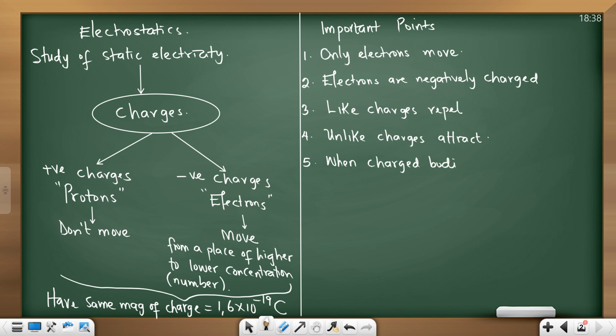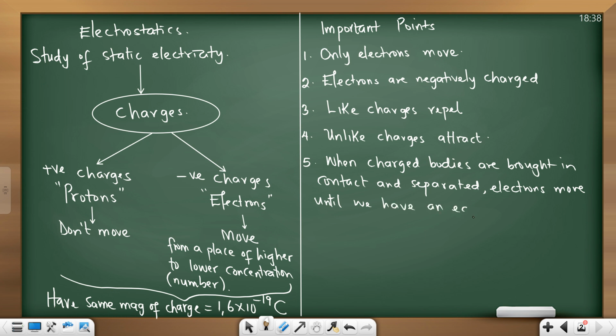When charged bodies are brought in contact, we go back to point 1, and separated, electrons move until we have an equilibrium, such that Q new will be equal to Q1 plus Q2 over 2.